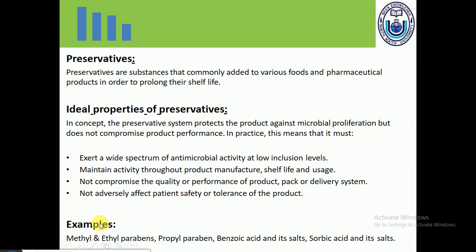Look here, these are the examples: methylparaben and ethylparaben are used, and propylparaben. Other common excipients are benzoic acid and its salts, or sorbic acid and its salts. It depends on you which kind of preservative you want to add.